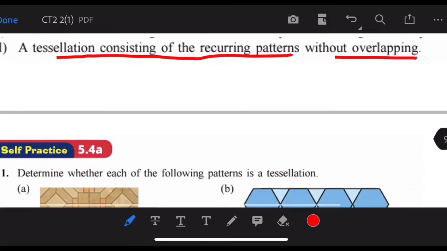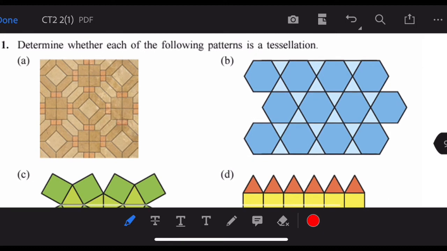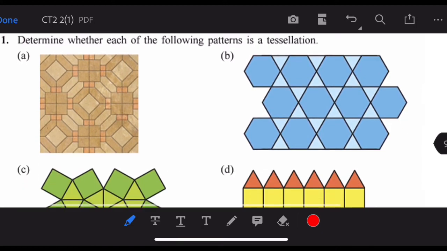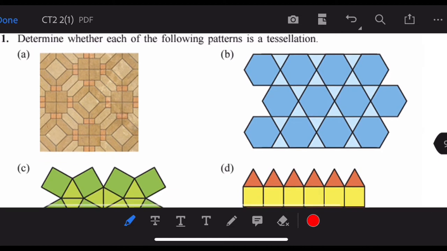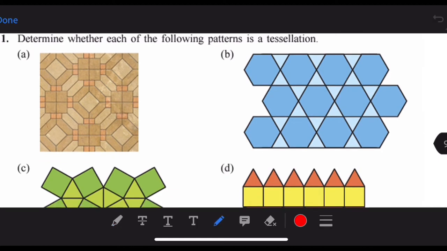Alright, so let's see this one. Exercise 5.4a. Determine whether each of the following patterns is a tessellation. This one, yes, it is repeating, no overlapping, and no empty space. First thing, it must recur.